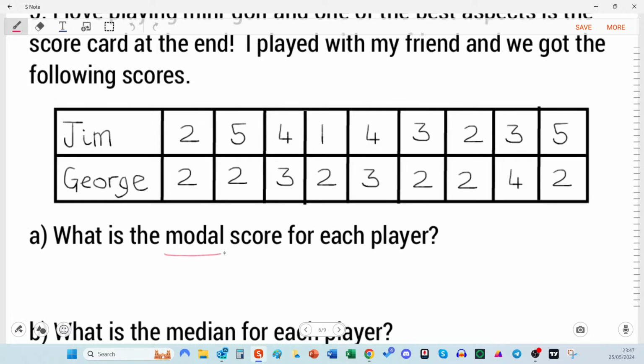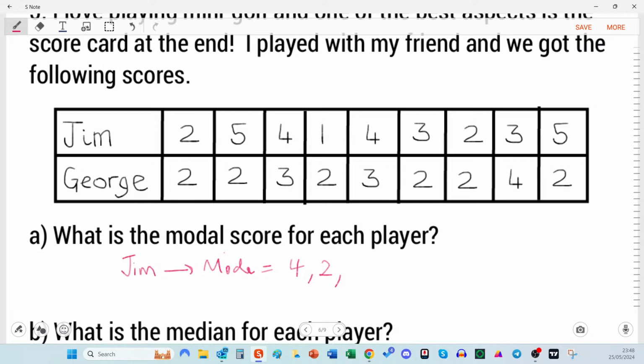Well, the modal score is the most common. So for Jimmy boy, the mode is, can you see it? 4 comes twice, doesn't it? So it's definitely 4. We've got 1, we've got 2 appears twice.